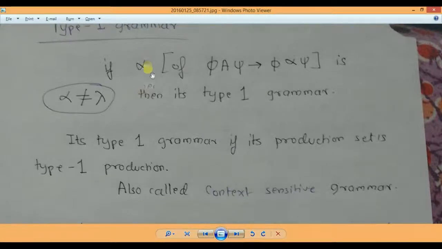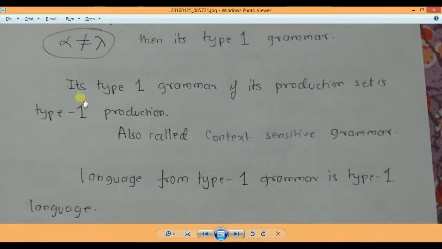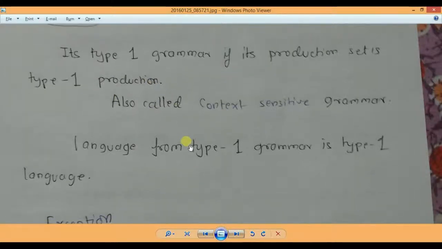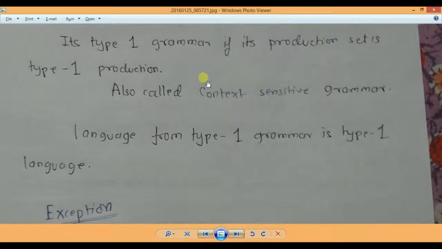If a production of the form phi a psi, which tends to phi alpha psi, has alpha not equal to lambda, and lambda is null, so alpha is not null, then it's type 1 grammar. It's type 1 grammar if its production set is of type 1 production, also called context sensitive grammar.